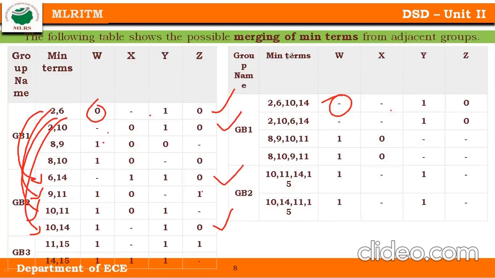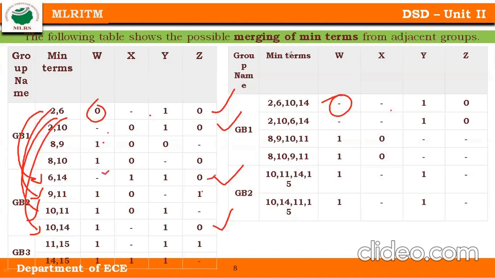Now I need to recheck 2 10 with 9 11. No, two changes are there, the W bit is changed and the Y bit is changed, so leave it. And 2 10 with 10 11, again W and Z have changed, leave it. 2 10 and 10 14, again two changes, leave it.